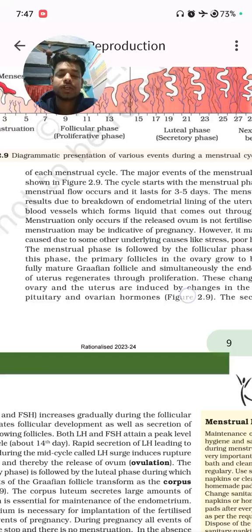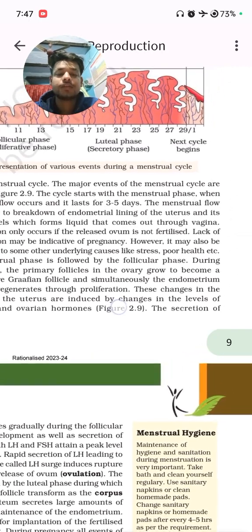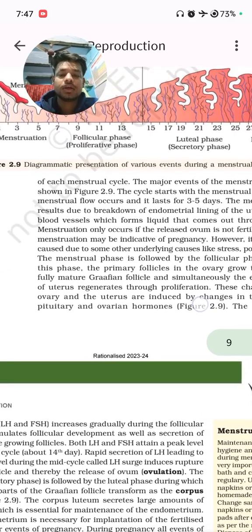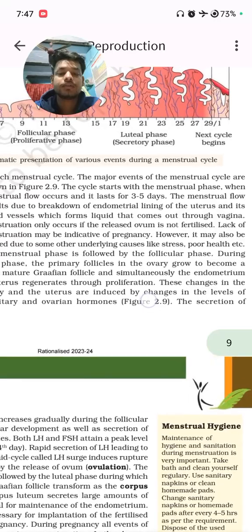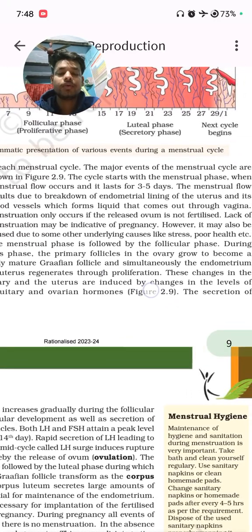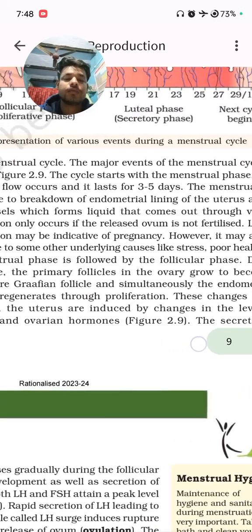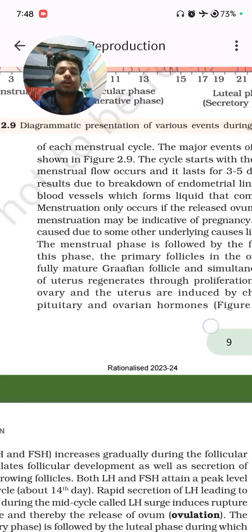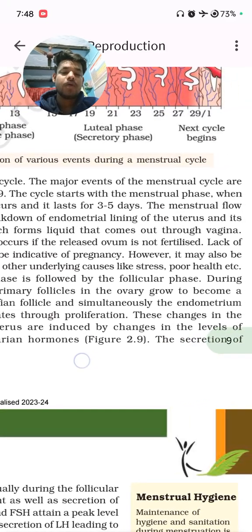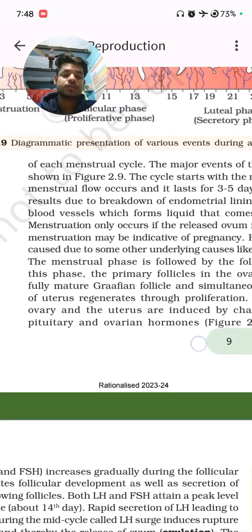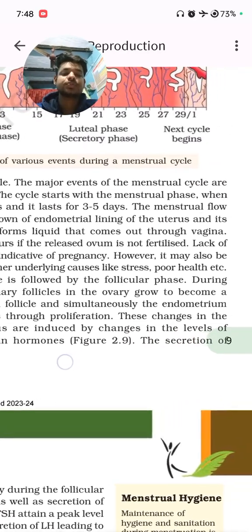The menstrual flow results from breakdown of the endometrial lining of the uterus and its blood vessels, which form the liquid that comes out through the vagina. Menstruation only occurs if the released ovum is not fertilized. Lack of menstruation may be an indicator of pregnancy. However, it may also be caused by some other underlying causes like stress, poor health, etc.